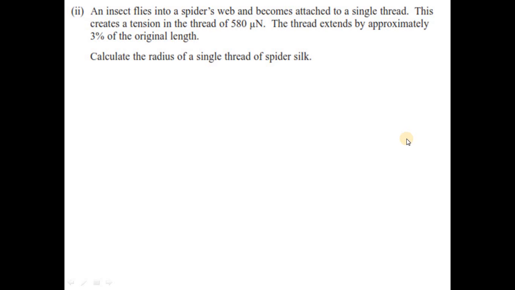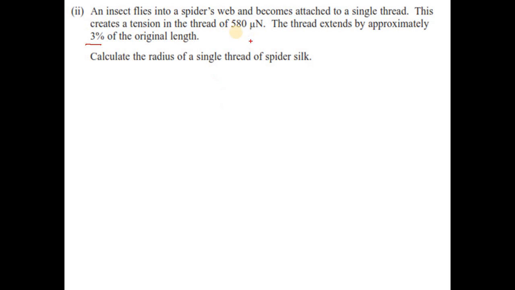An insect flies into a spider web and becomes attached to a single thread. This creates a tension in the thread of 580 micronewton. The thread extends by approximately 3% of the original length. Calculate the radius of a single thread of spider silk.